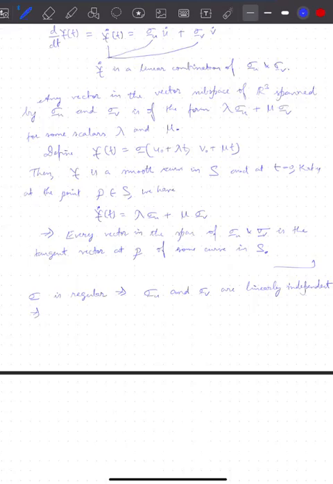So this means that the tangent space is, of course, two-dimensional, and therefore we call it the tangent plane. Right? So tangent space is also called the tangent plane.